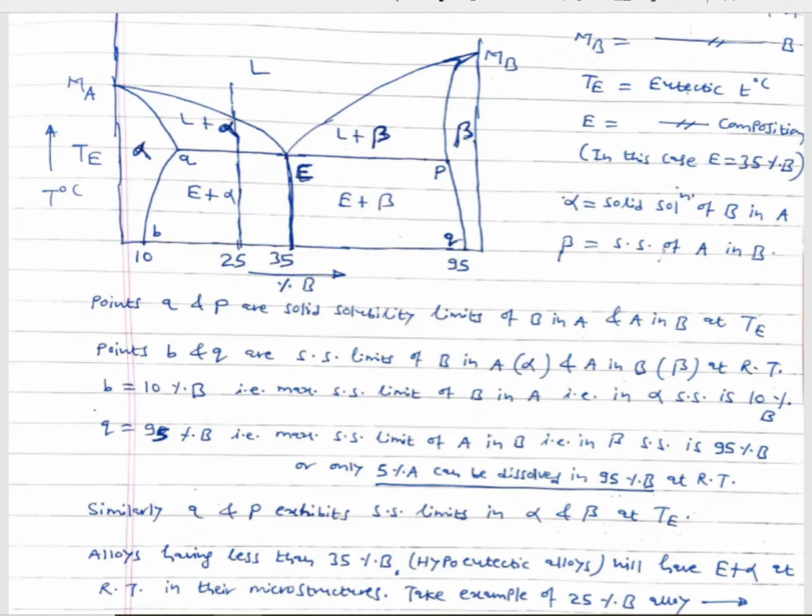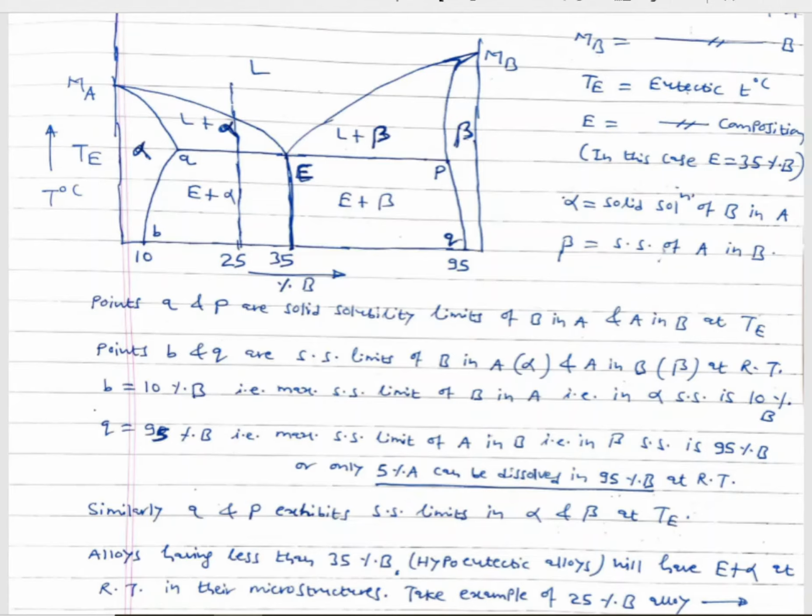At and below this temperature there is 100% solid. I repeat it, MA, capital E, MB, this curve is called liquidus curve. At and above this temperature it is 100% liquid.